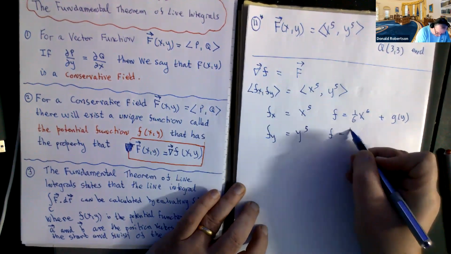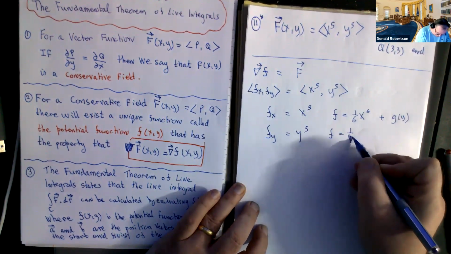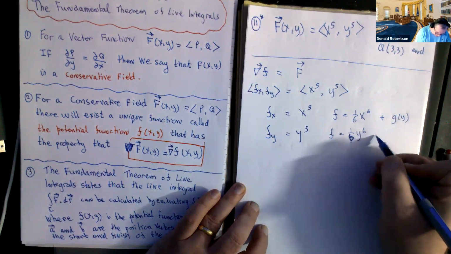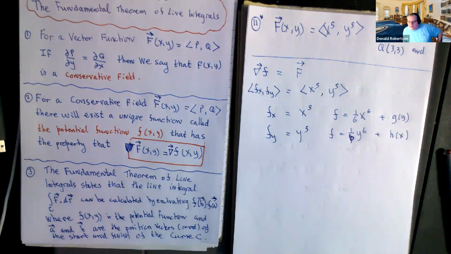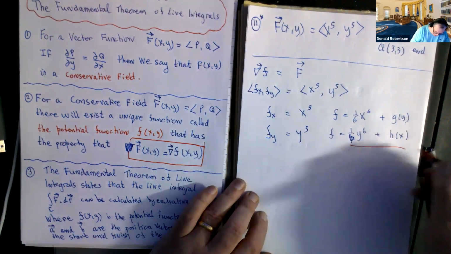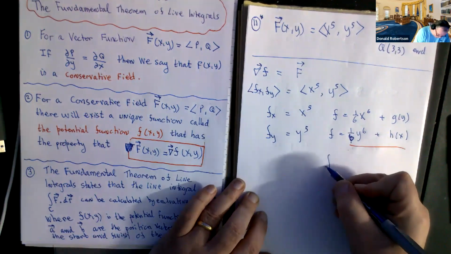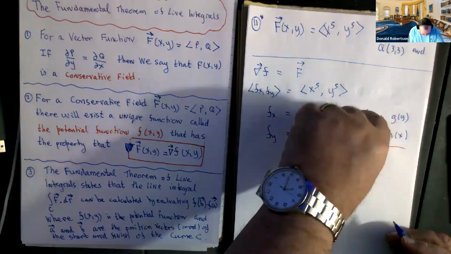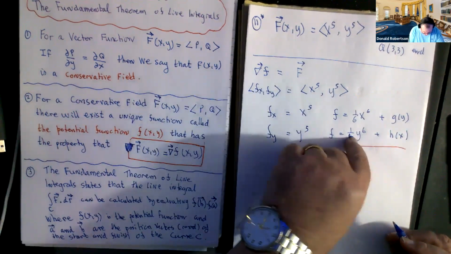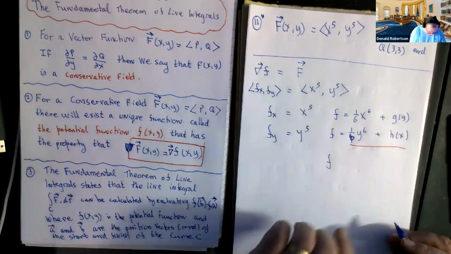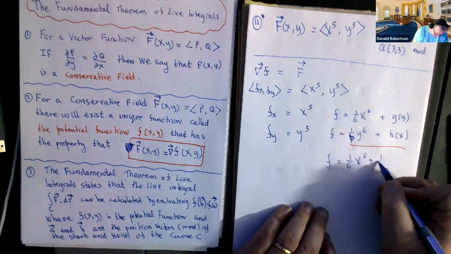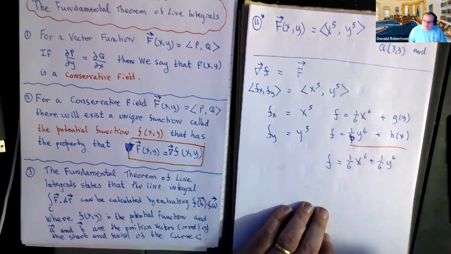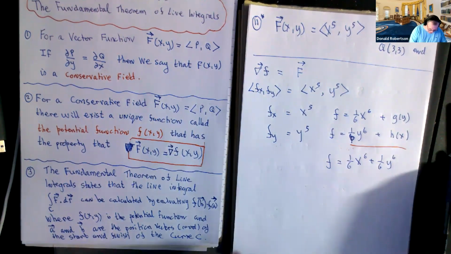And you get, oops, that's a 6, you get 1/6 y to the 6 and some arbitrary constant, which we consider to be a function of x. And then we blend them. We need this one and this one, and these two allow us to do that. So when you blend them, you get that. So there's our potential function.